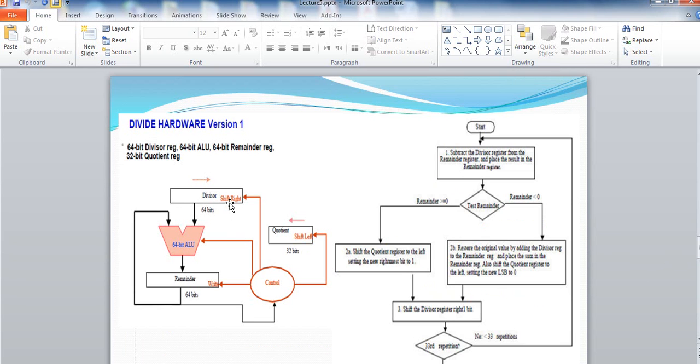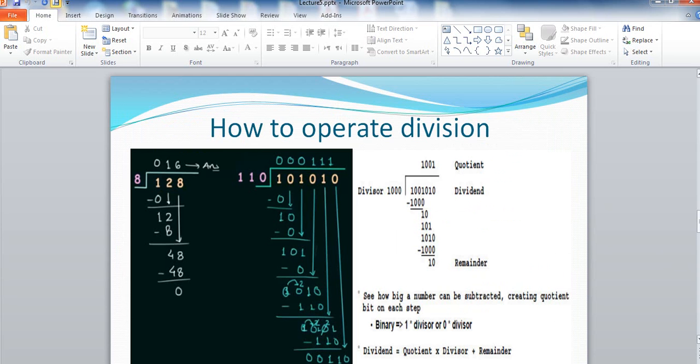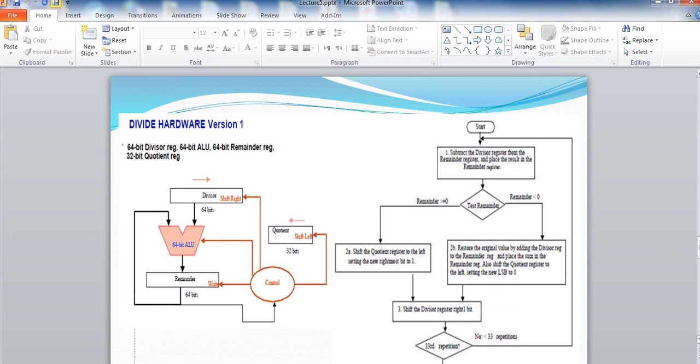We are going to put the divisor here, and you are going to put the quotient here. So this is the divisor, this is the quotient, and you are going to put the dividend here in the arithmetic logic unit. You are going to put the dividend here in the remainder.